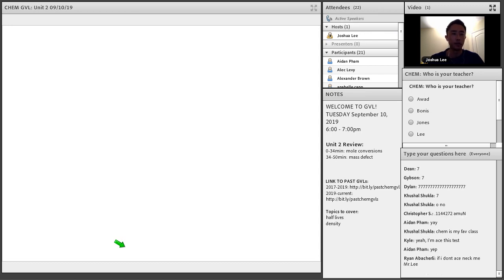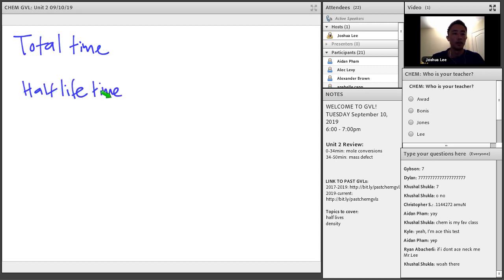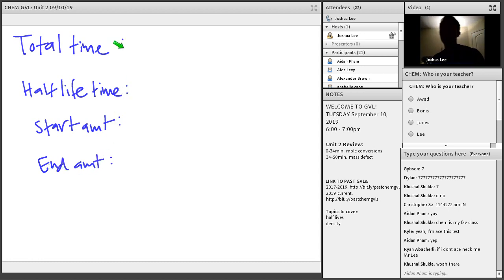For half-life problems, these are essentially your 4 variables: total time you have to wait, half-life time, starting amount, and then end amount.